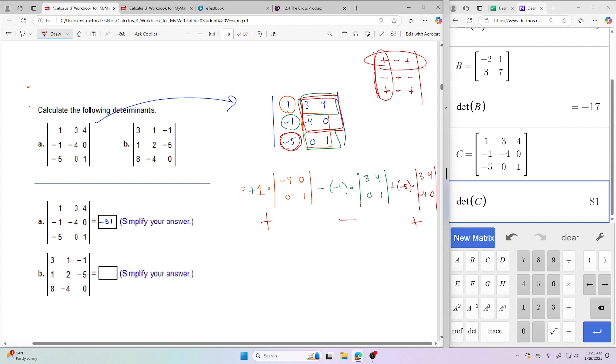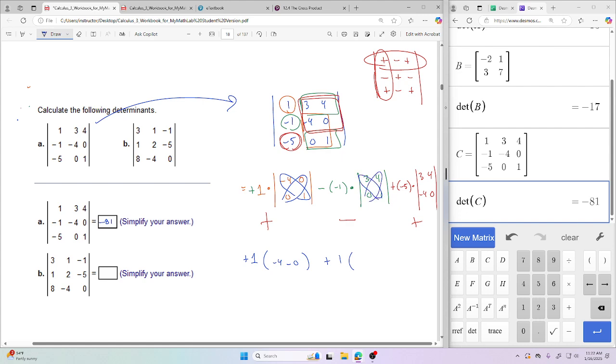So let's finish this one up. It's super easy to do these now that they're tiny. So the first one, again, I'm going to multiply and subtract them. So I got a positive 1 times, and then I got negative 4 minus 0. Because I'm multiplying them, 2 negatives now make a positive 1, and again, I'm multiplying like this.